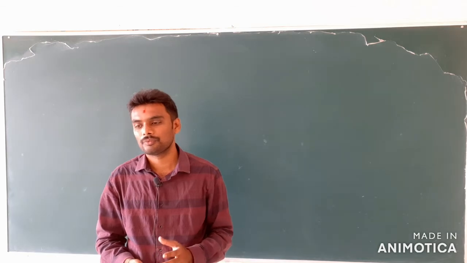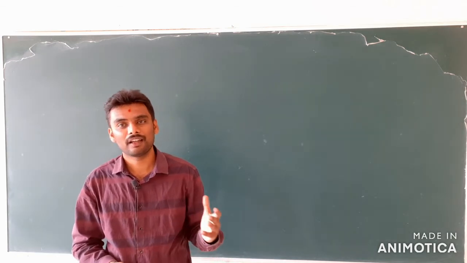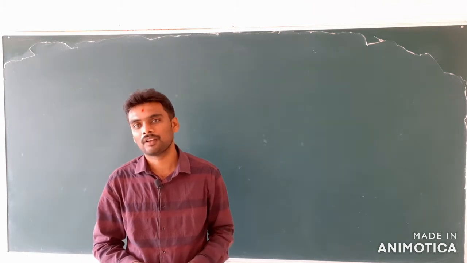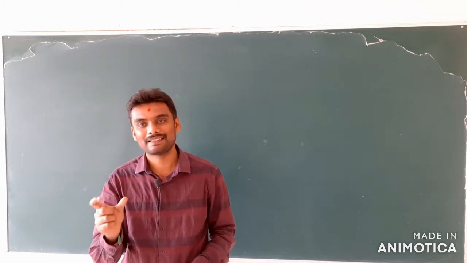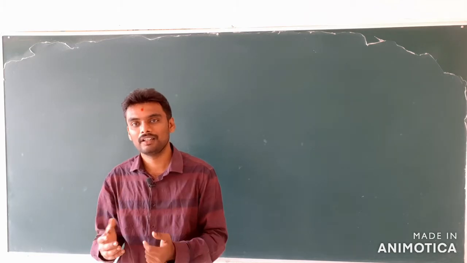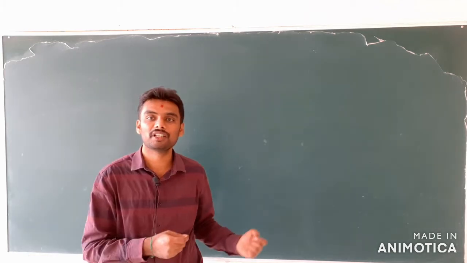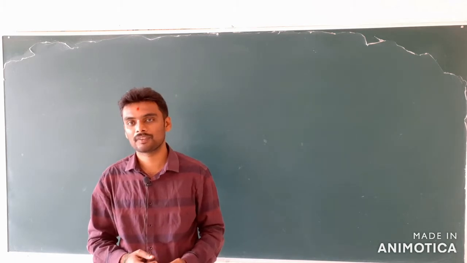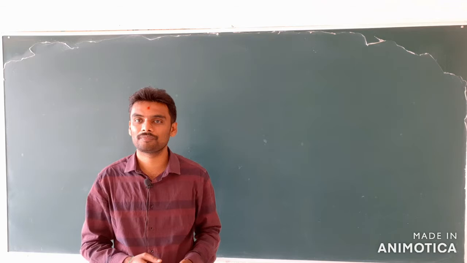So before we understand any complex subject, we always look for the basics of that. Before we read a novel, we should begin with the alphabets of English, isn't it? That's how everything begins.